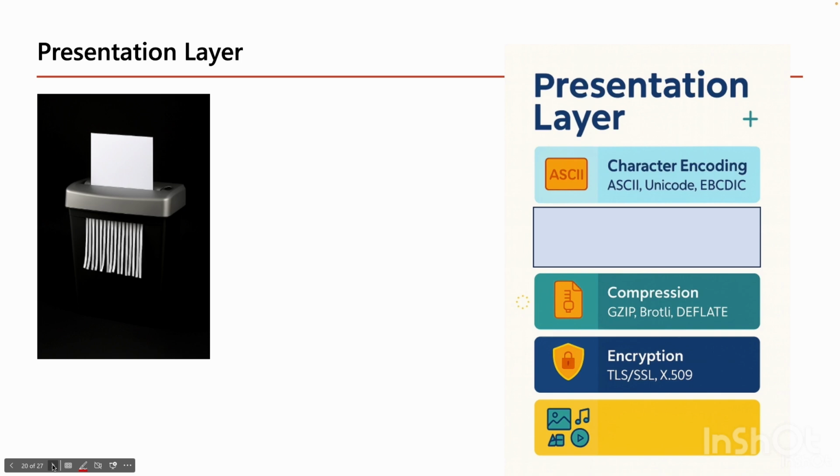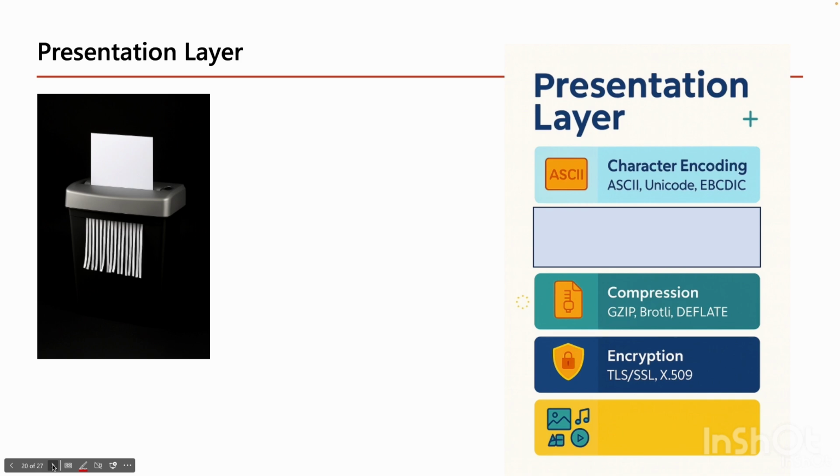Presentation layer. All the data coming from the application layer will be in terms of big messages or images. All those texts have to be converted into bits. That is where the presentation layer comes into the picture.